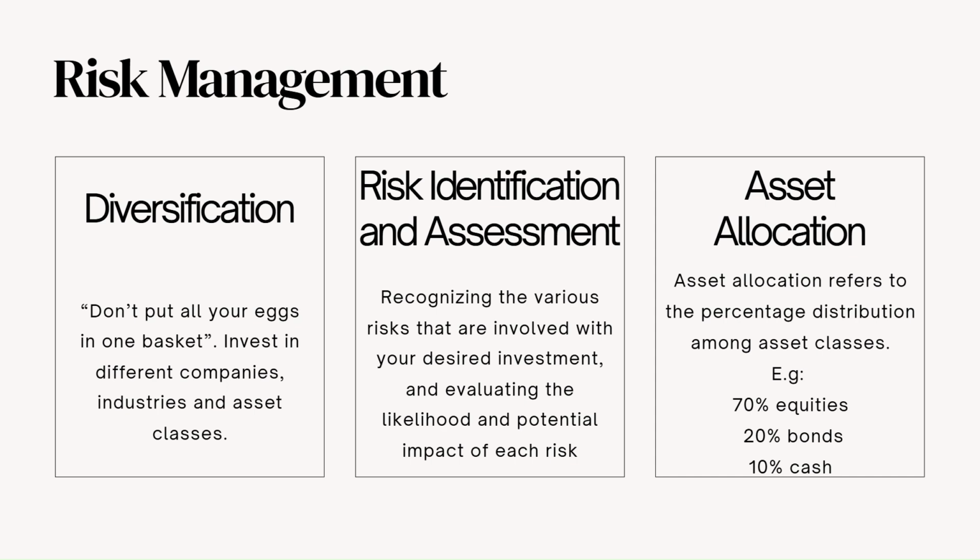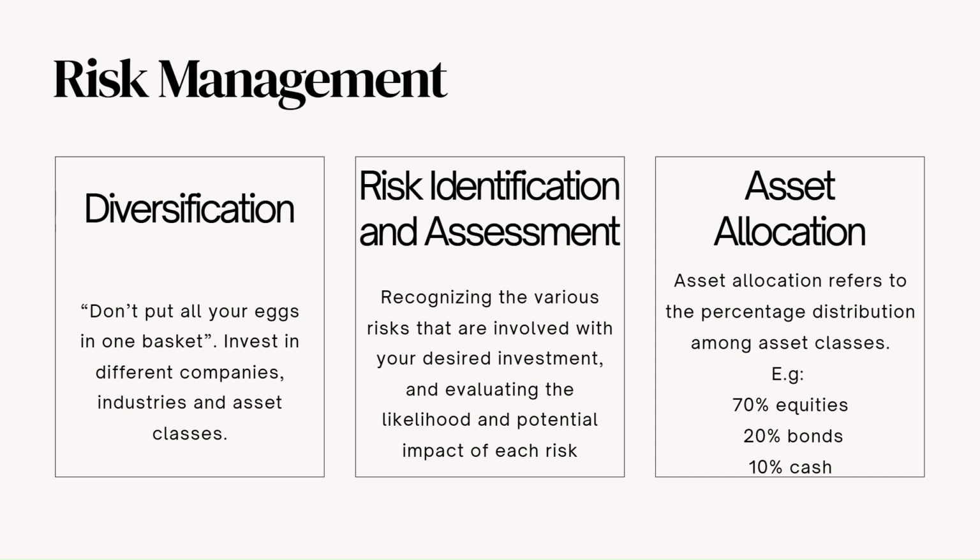The second being risk identification and evaluation. So here you would have to recognize the risk that you are dealing with, so the five investment risks that I previously mentioned, and you have to evaluate the likelihood of it happening and the potential impact of each risk before making your investment.